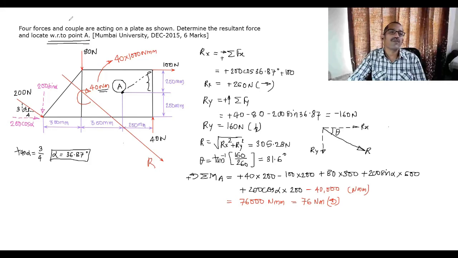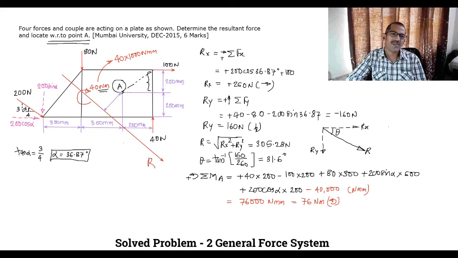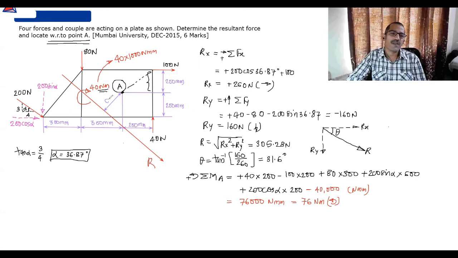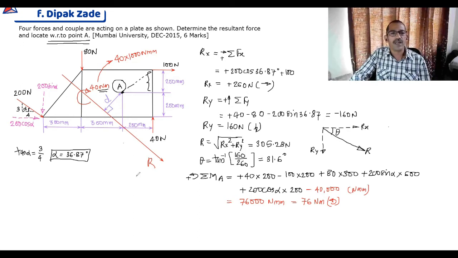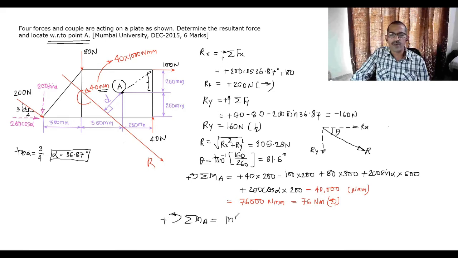Now the distance is important. From point A, the perpendicular distance means drawing a line from A perpendicular to the line of action of the resultant. This is our distance D, where you have to find the point of application with respect to point A. So the moment of the resultant becomes R into D. Therefore, applying Varignon's theorem, the sum of moments of all forces about point A, taking anti-clockwise moment positive, equals the moment of the resultant about point A, taking anti-clockwise moment positive.